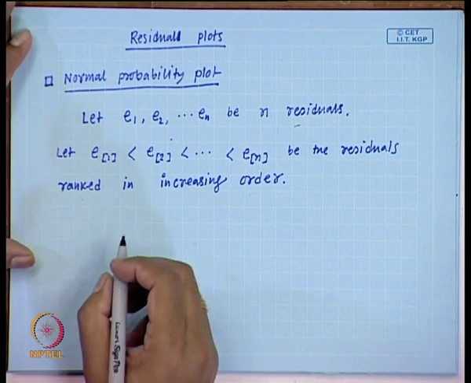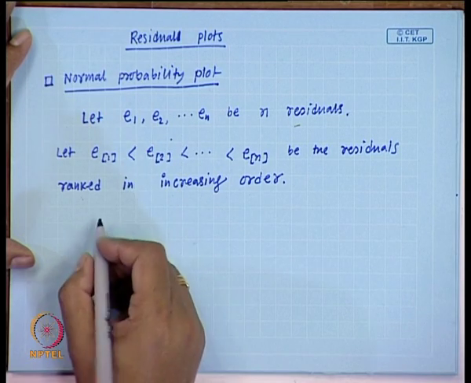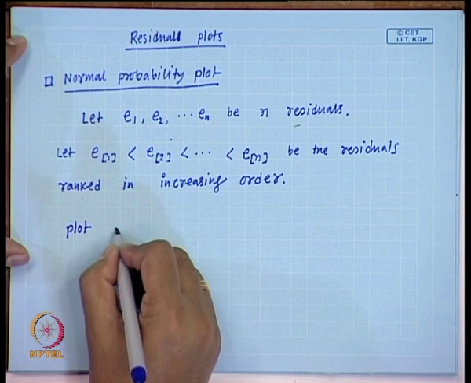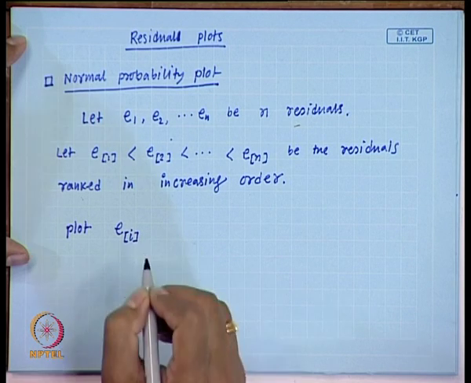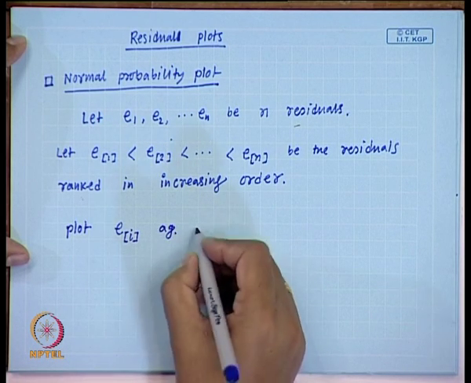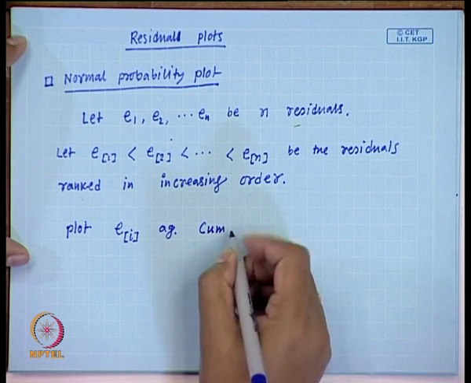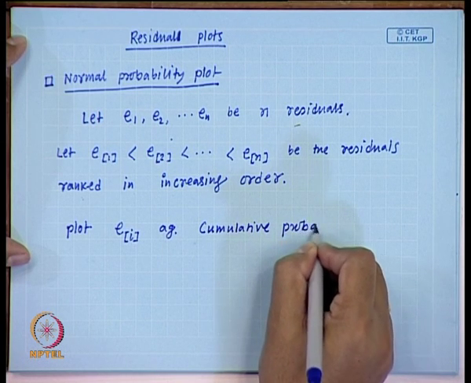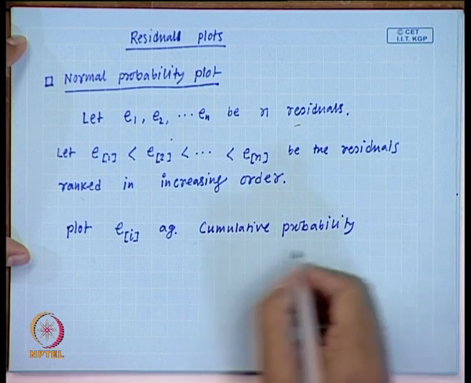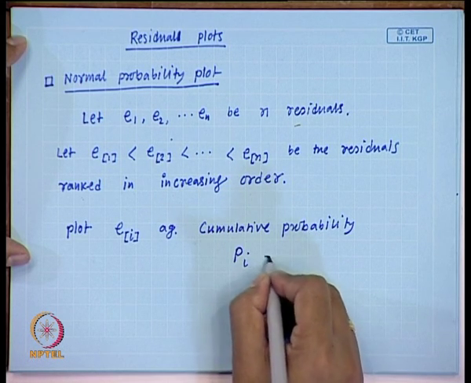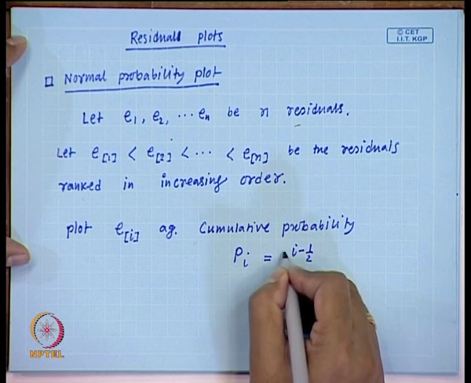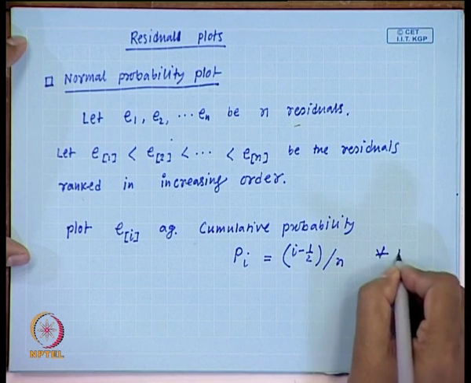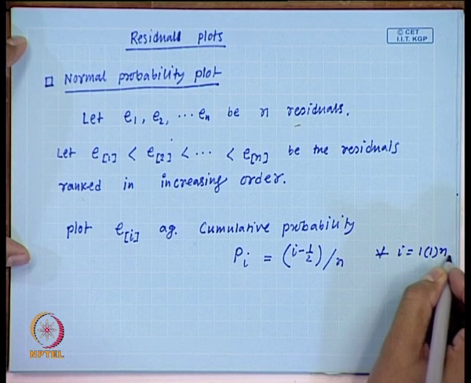Then what this normal probability plot does is that it plots e_i against the cumulative probability p_i, which is equal to (i minus half) by n, and you do it for all i from 1 to n.